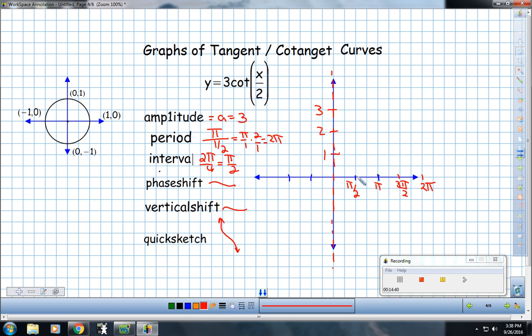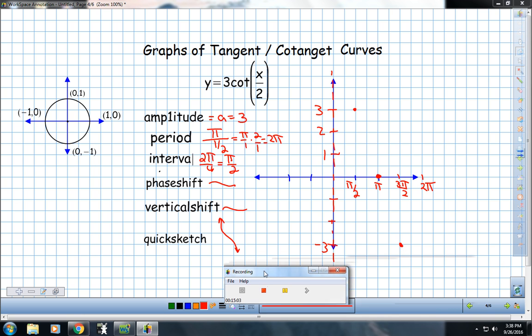So at pi over 2, it's going to be all the way up to 3 because this thing is going to be negative sloping. At pi, it's going to be 0. At 3 pi over 2, it's going to already be down to negative 3. Again, that's how we use the A value. And then at 2 pi, that's going to be our other asymptote.